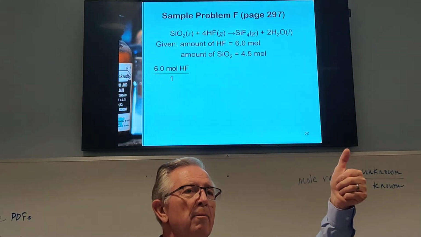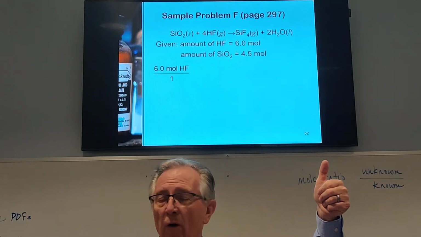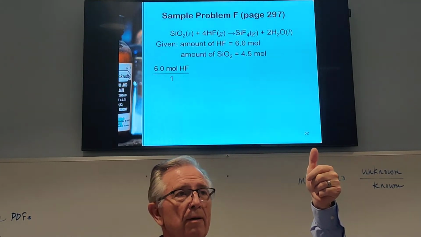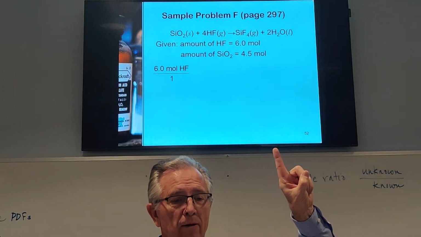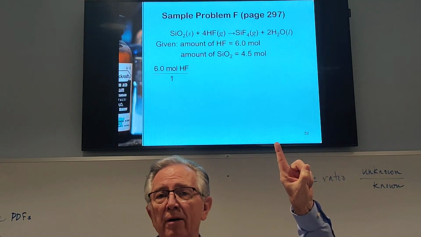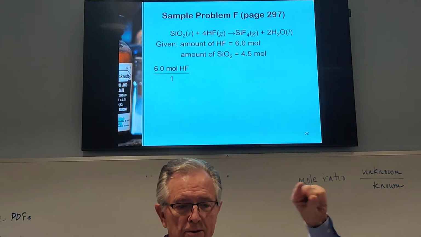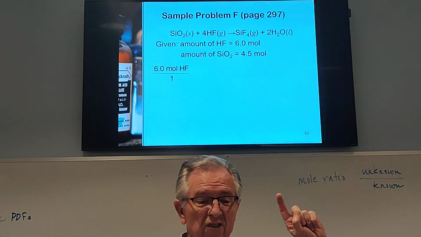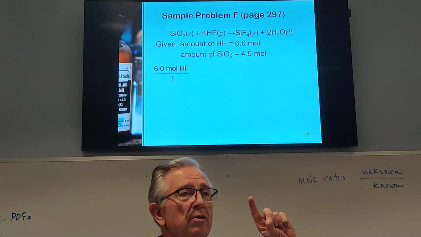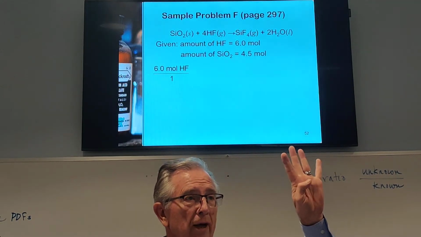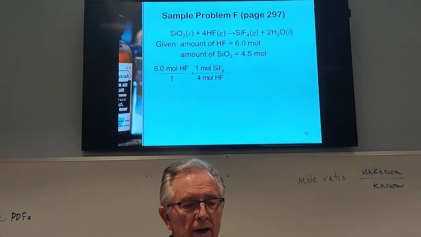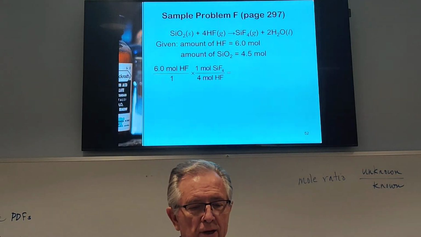What's the number that goes in front of SiF4? What's my coefficient? My coefficient of SiF4 is what? 1, right, in the equation. And what is it in front of the known? We're starting out with HF. What's the one in front of HF? 4, right? So that's going to be my mole ratio, 1 SiF4 over 4 HF.